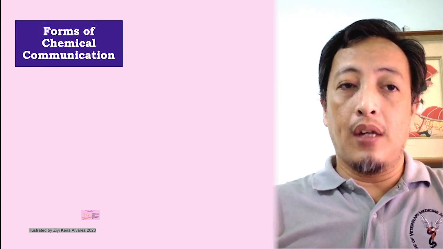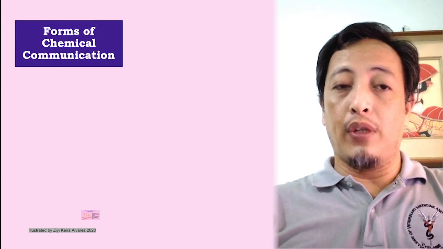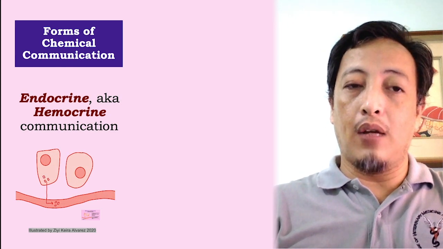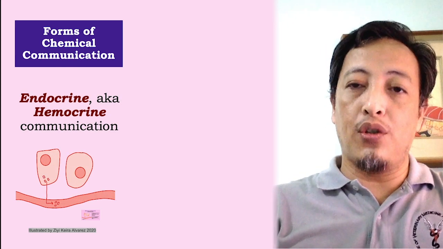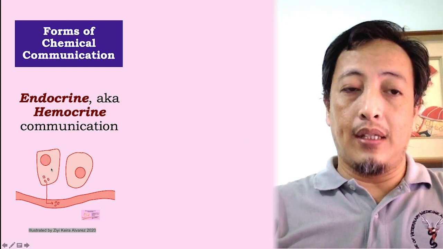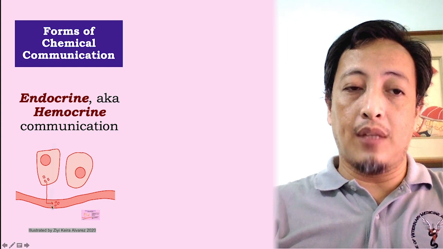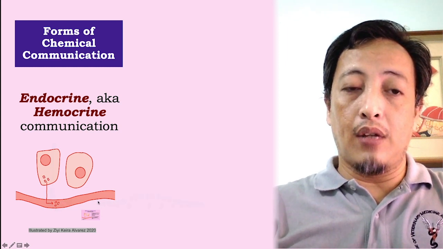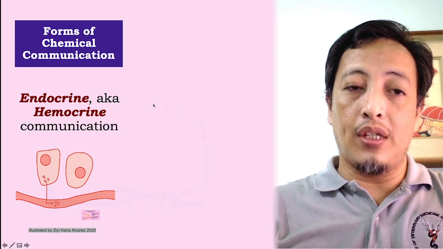Okay? So, ano-ano ba yung mga forms of communication if you can recall from your visual? So, we have, of course, the endocrine or also known as the hemocrine communication, wherein a cell secretes its chemical substance to the blood to be circulated around the body to reach its target cells.